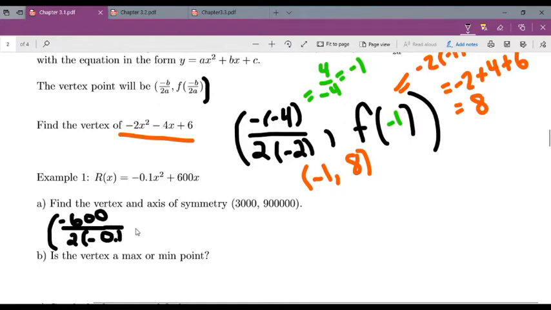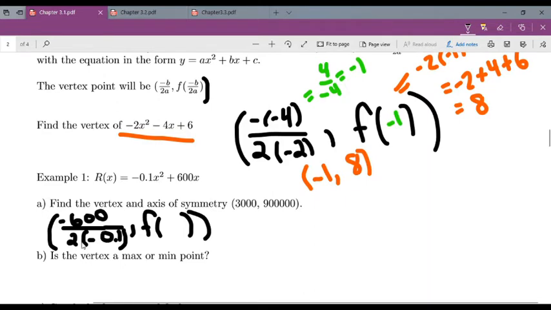Okay, and then the second part of that vertex is going to be f of whatever this is here. Like I said, instead of typing that whole big thing into this whole equation, what I'm going to do is go ahead and simplify it. Now, negative 600, did I put parentheses here and close this too?